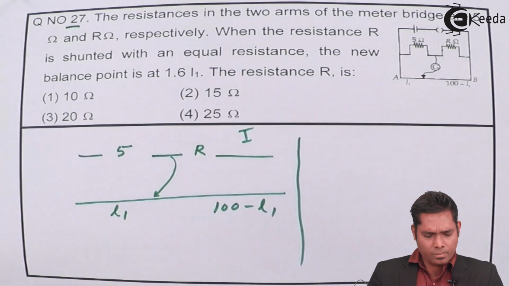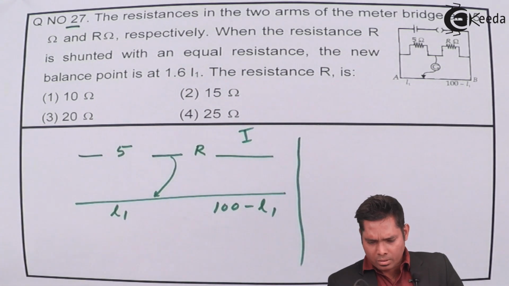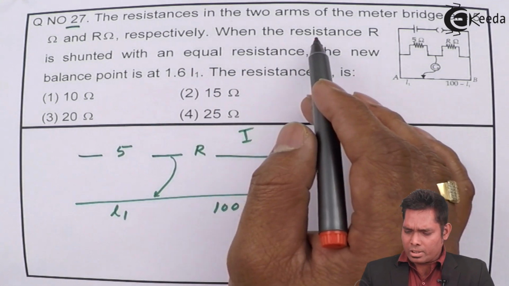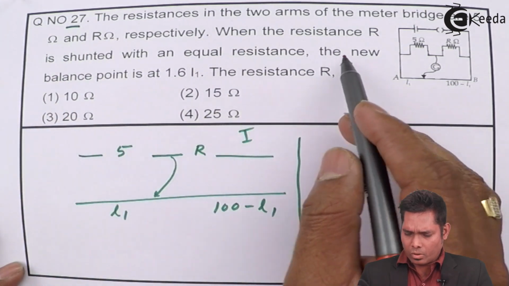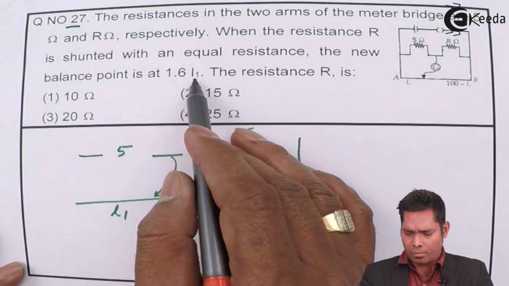In the second case, when the resistance R is shunted with an equal resistance, the new balance point is 1.6 L1.